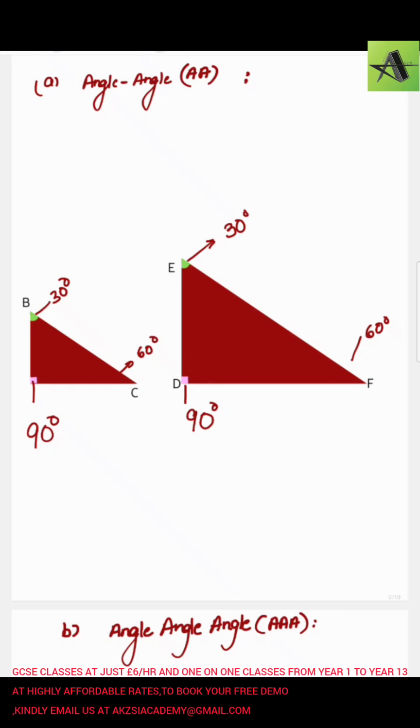It means that if two corresponding angles are equal, the third angle will automatically be equal, obviously by the angle sum property. Then all three corresponding angles are equal and hence this is a similar triangle. So this is the reason that even if you are able to prove only two corresponding angles equal, we can prove that the two given triangles are similar in nature.